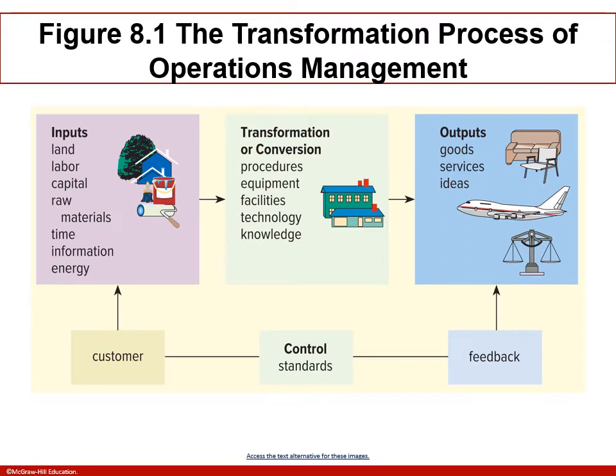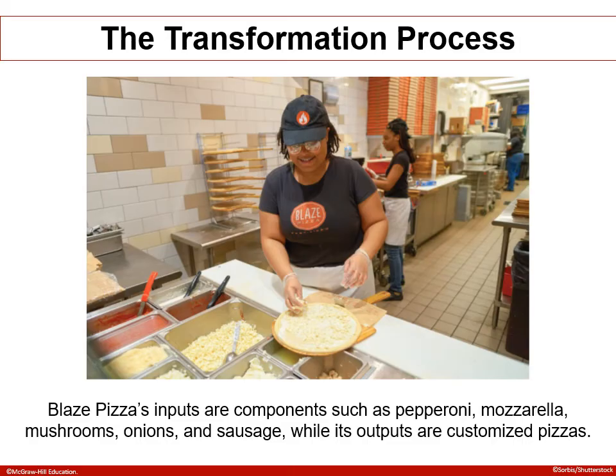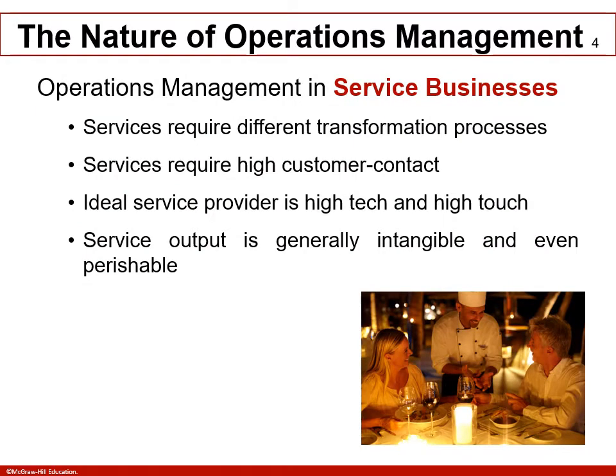Here are some example of the IPO diagram, or basically we call them operation management diagram. Here are some example of furniture. So you must be able to provide some example about the IPO diagram. We discussed several examples in class, including service business.